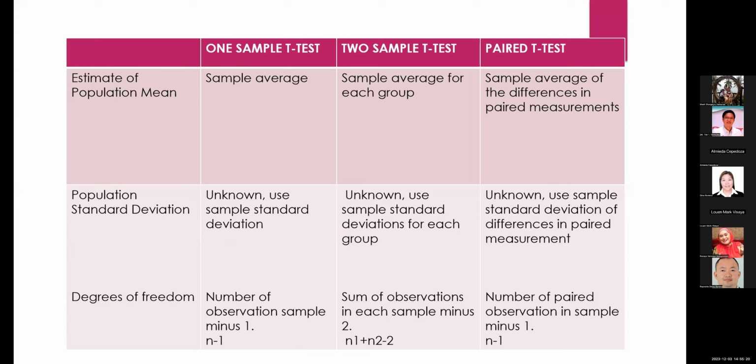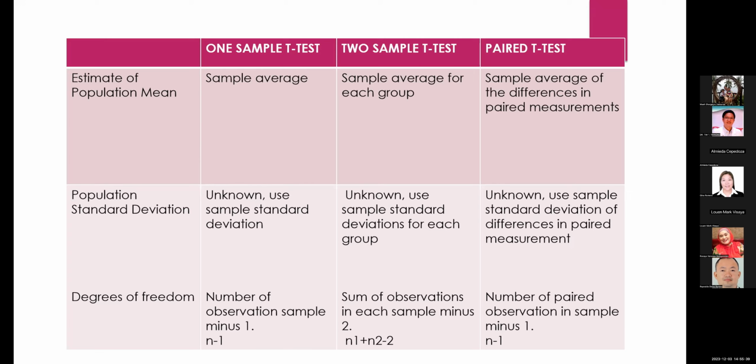You use sample standard deviation. For the two sample t-test, it can also be unknown. You just use sample standard deviation for each group. For the paired t-test, it can be unknown, you use sample standard deviation of differences in paired measurement.